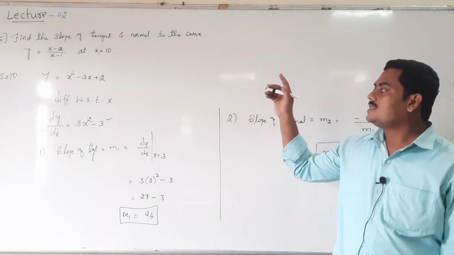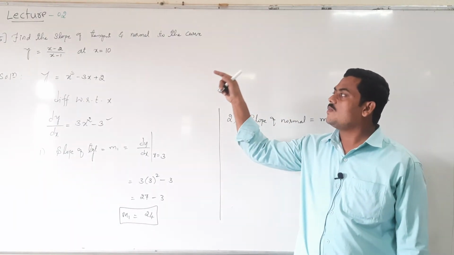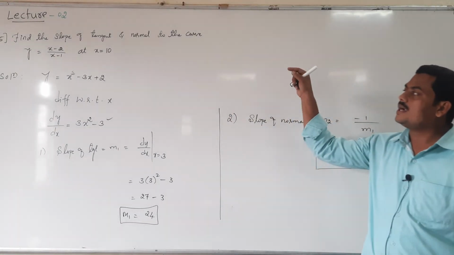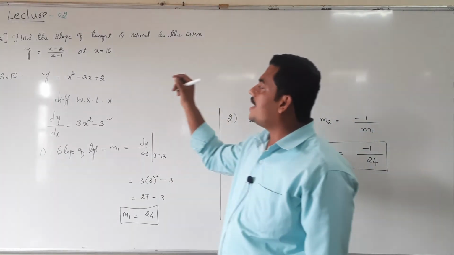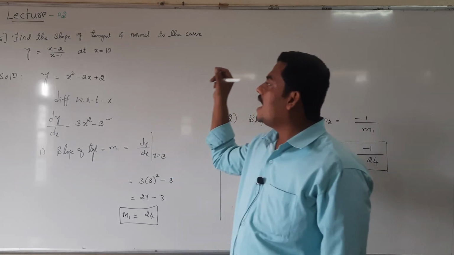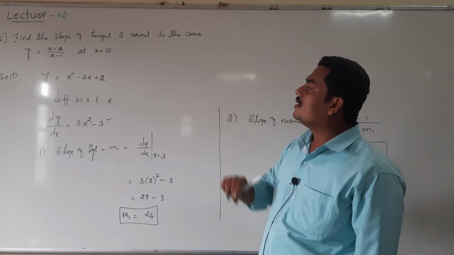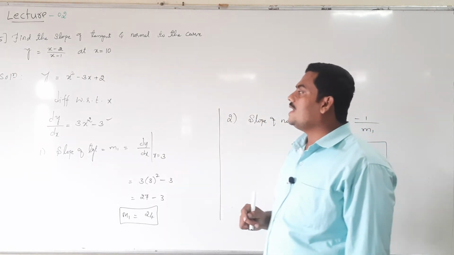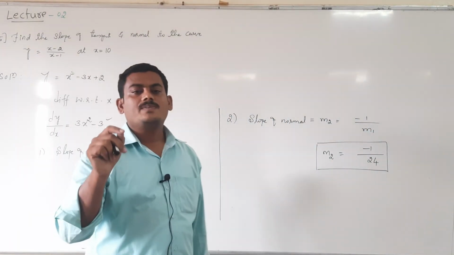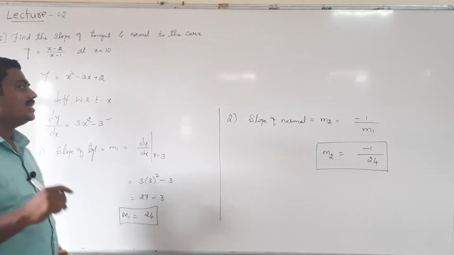Find the equation, sorry, not equation, find the slope of tangent and normal to the curve y is equal to x minus 2 divided by x minus 1 at the point x equal to 10. At this point, we need to find the slope of the tangent line and the slope of the normal line.